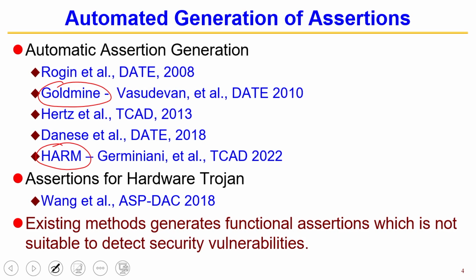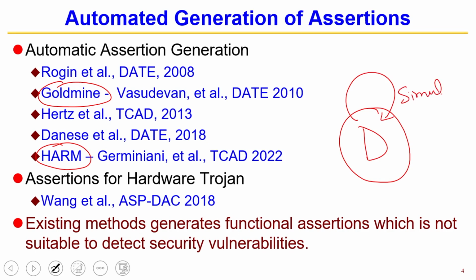The basic philosophy is that you have a design, hardware, software, it really does not matter, and you simulate it. You can run with random tests or efficient tests, and whatever traces it produces, the tool tries to figure out whether there are any invariants.